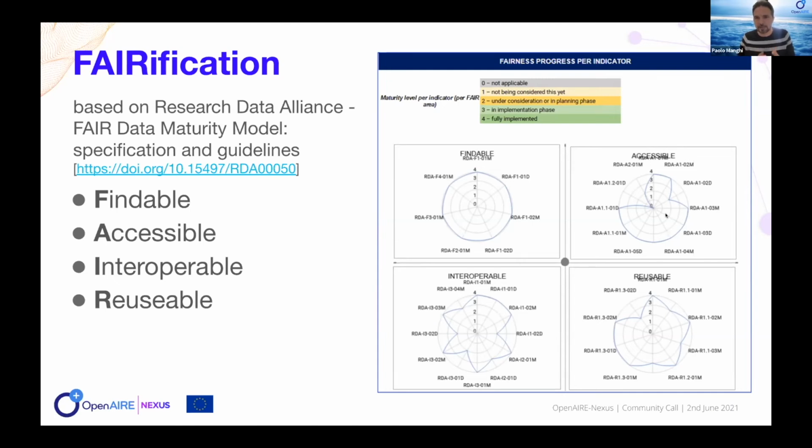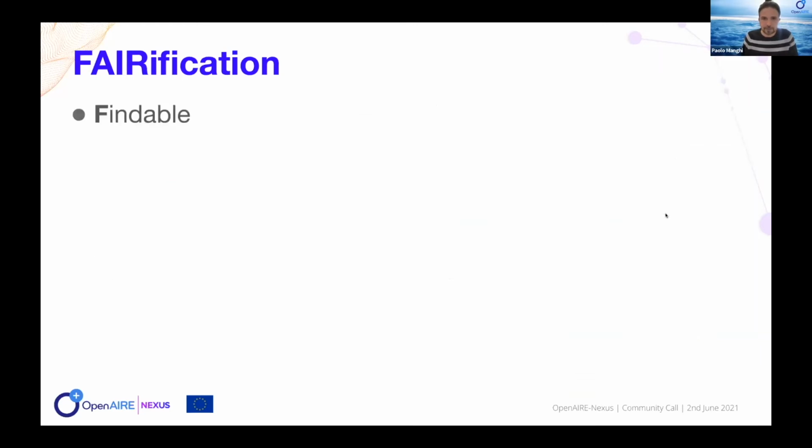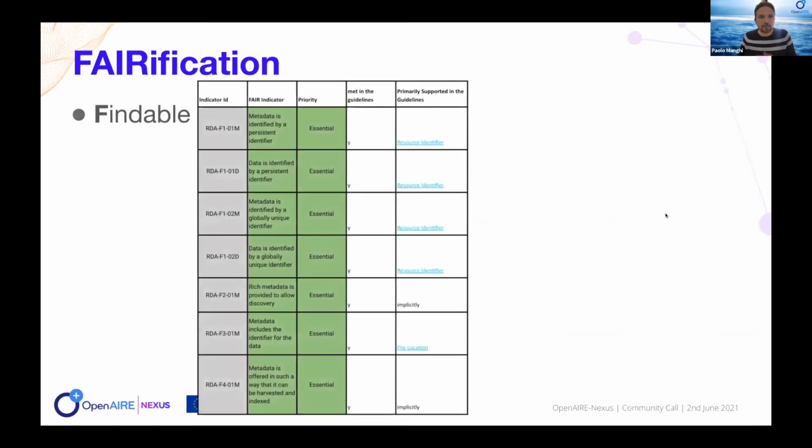So findable, accessible, etc., and giving them a rank based on the mandatoriness or the optionality of these fields, and based on the recommendations that we have on these fields in the guideline. So for the findable, for example, we identified the FAIR indicator, the priority, and the fields that are required by the guidelines that are related with it, and so on.